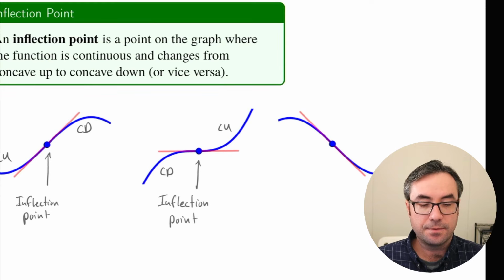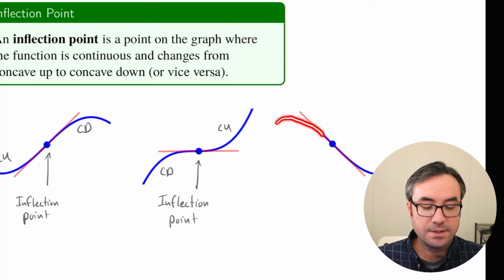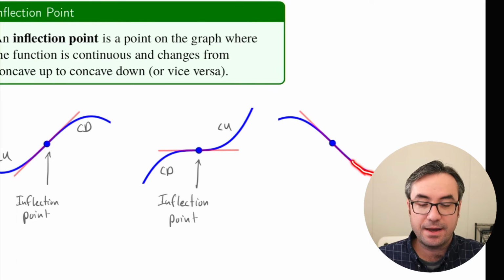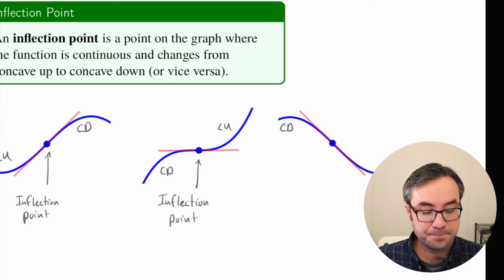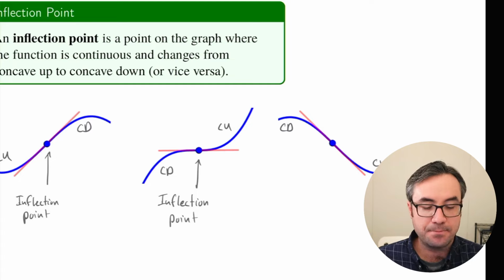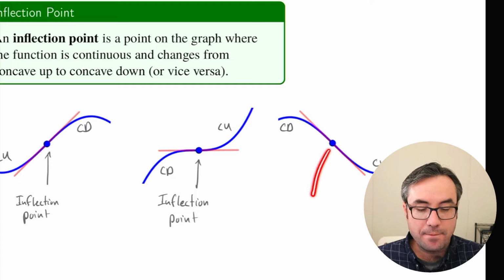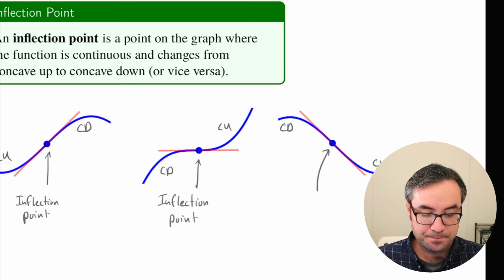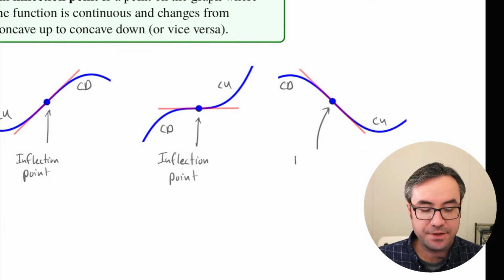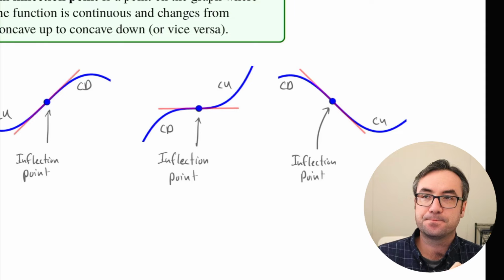Same thing over here. On one side, our graph is that concave down shape. On the other side, we have that concave up shape. And again, it's kind of difficult right here in the middle to tell exactly where this is going to happen. But there's going to be one point where we're going to have this change in concavity. And so when that change happens, we call that an inflection point.